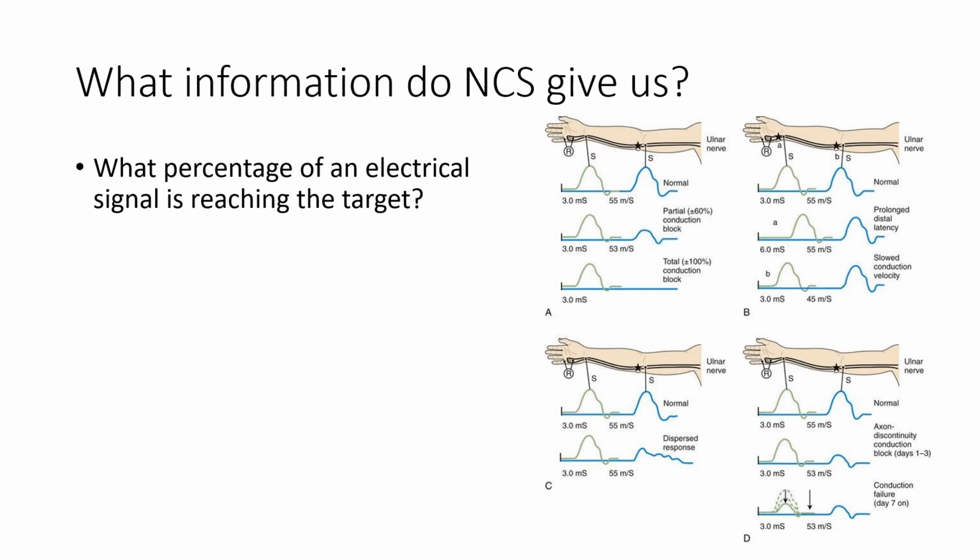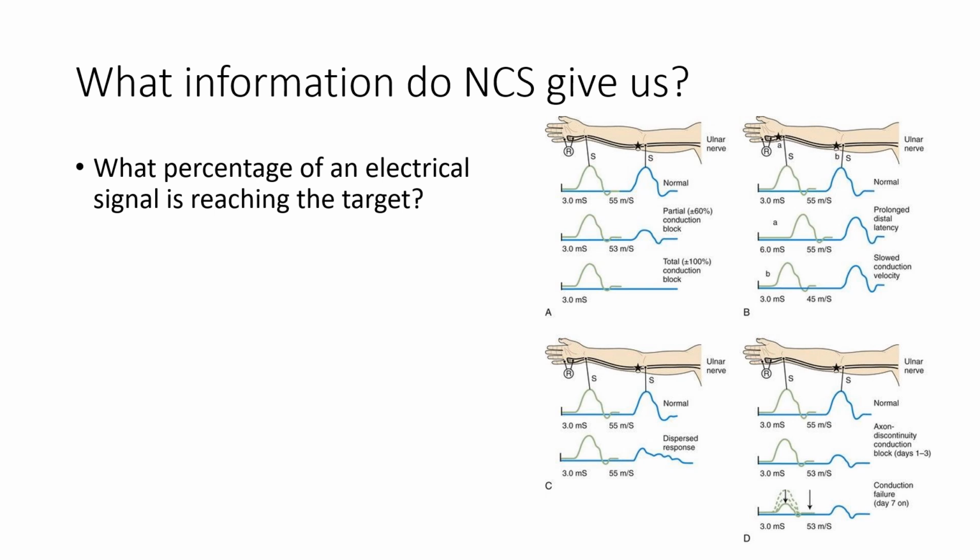So what can we learn from nerve conduction studies? The first thing we can learn is what percentage of an electrical signal is reaching the target. You can see this in panel A, where the green is the shock that is given by the stimulator, and then the blue is what is recorded at the recording pad.